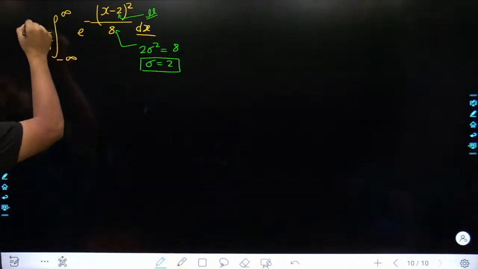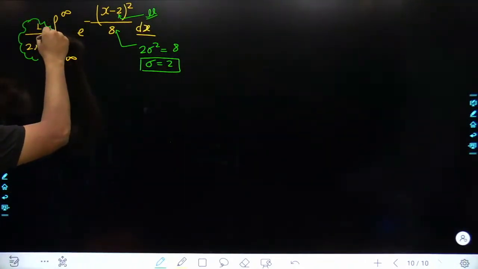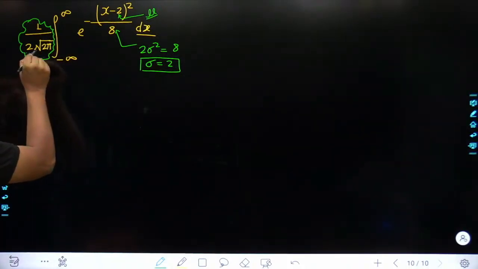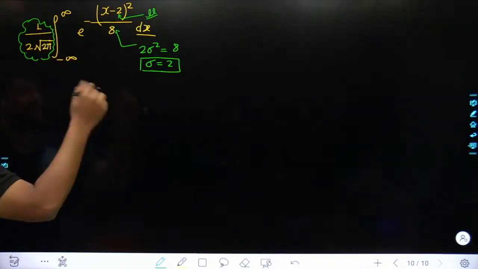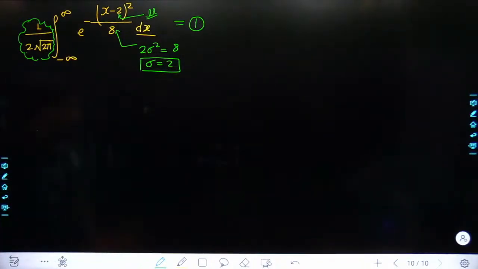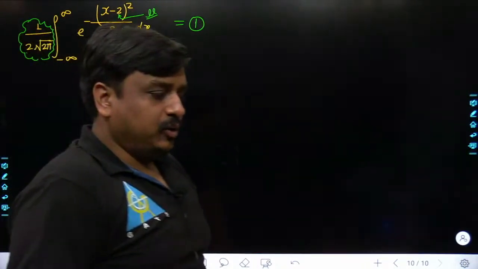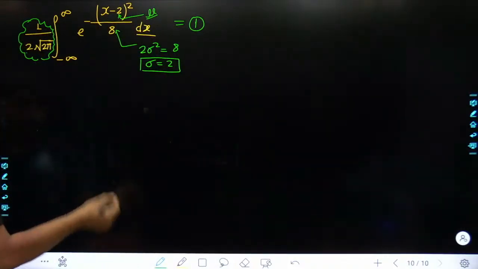Now check the amplitude of this function. Here I have 1 divided by sigma root over 2 pi. That means it is a perfect form of the Gaussian distribution whose result would always be 1. Agreed, no? Agreed?